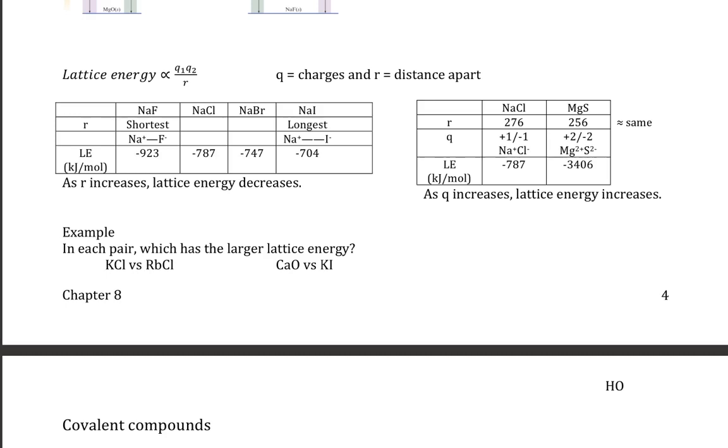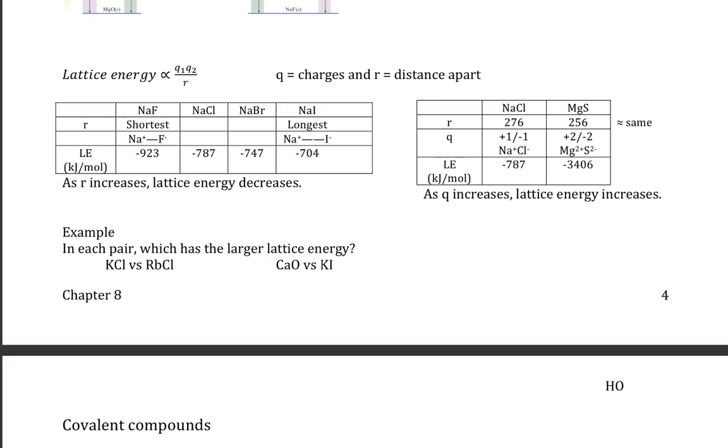So the charges of the Na+, the X minus, the halide ion, are the same for all four of those examples. It's +1, -1. So that would be the same. But the R is very different between them. We have NaF having the closest, the smallest R value. The ions are closest together. In NaI, they are the farthest apart, so we have the longest radius, or the greatest separation.